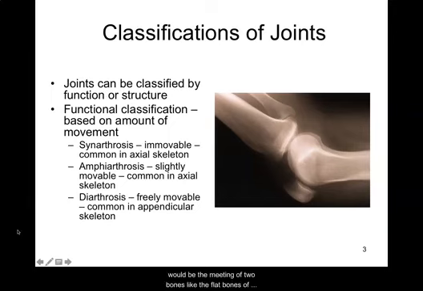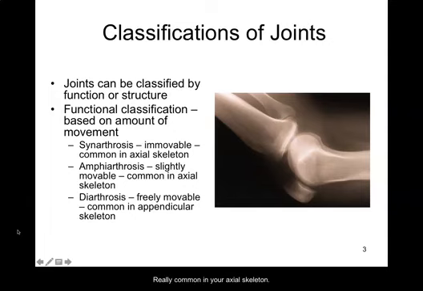This would be the meeting of two bones, like the flat bones of the skull, for example, your lambdoidal suture or your sagittal suture. Those are all examples of immovable joints. We want those bones to be held together tightly and carefully without moving. That's described as a synarthrotic joint or a synarthrosis.